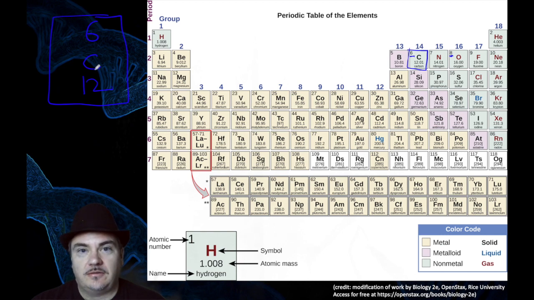Then you have some letters. That's the atomic symbol. That's what we use to represent the element. Now, some of those will make obvious logical sense to you. Like it might make sense that H is hydrogen, C is carbon, O is oxygen, Ca is calcium, but some of them might not make logical sense to you. For example, here, this element says Na. Okay, well, Na is sodium. Well, you don't spell sodium with the letters Na.